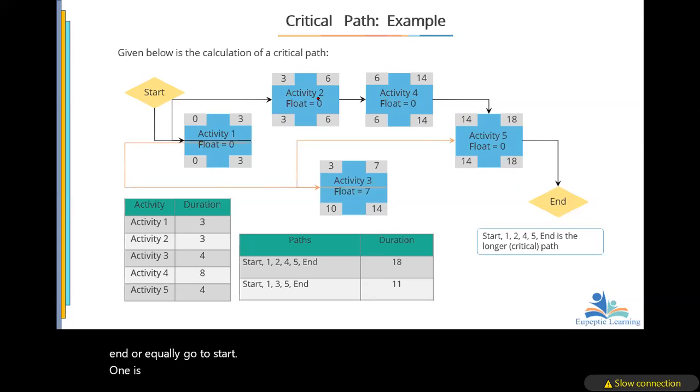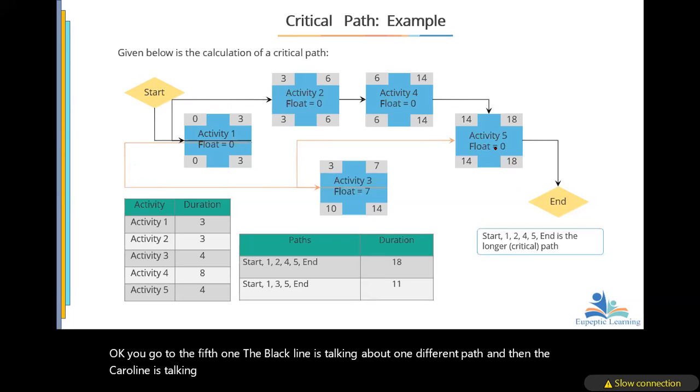Sorry, start, and then you go to the third one. So the arrow is saying that you go to the third one, then you go to the fifth one. The black line is talking about one path, and the other line is talking about a different path. So each path has its duration.